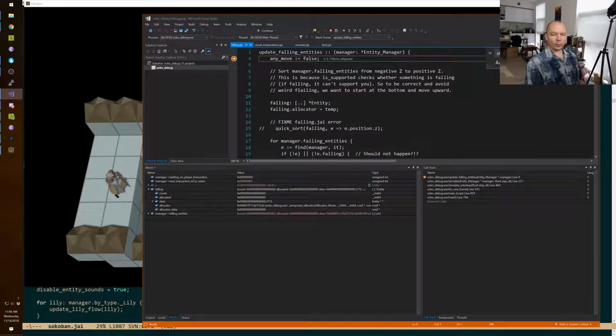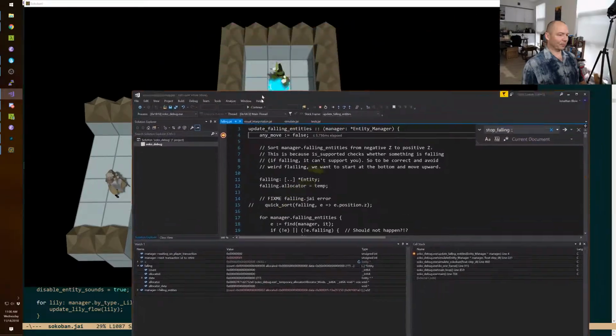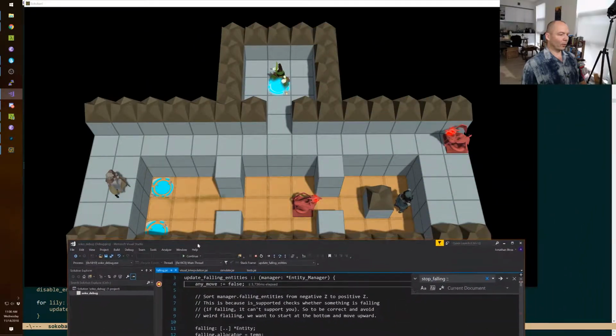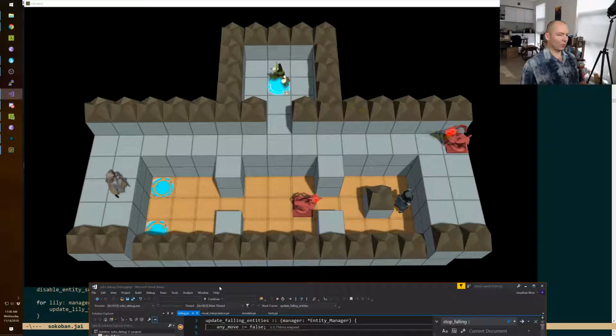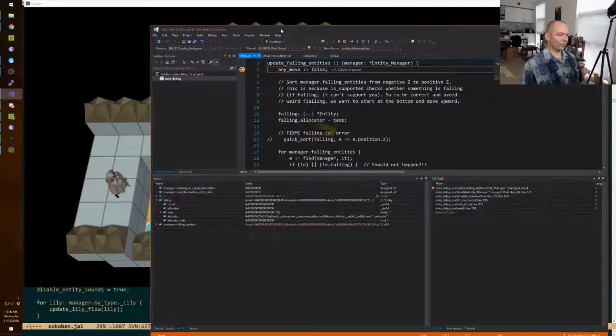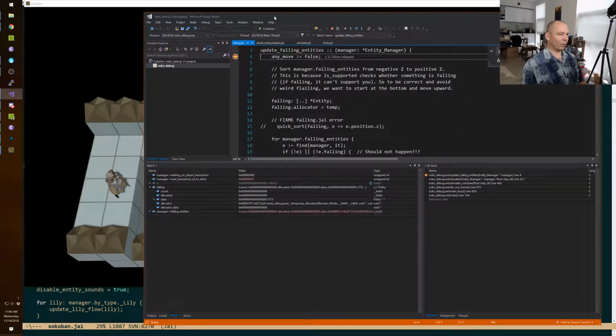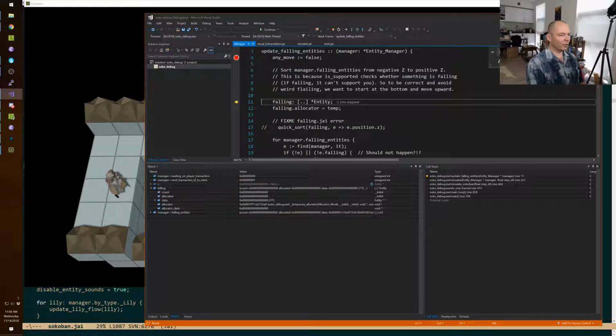Well, anything could be a falling entity if it's falling. Nobody's falling right now. So why it thinks 2 things are falling, I don't know. I wonder if both of the dragons are falling. Like, why are there 2 falling things?